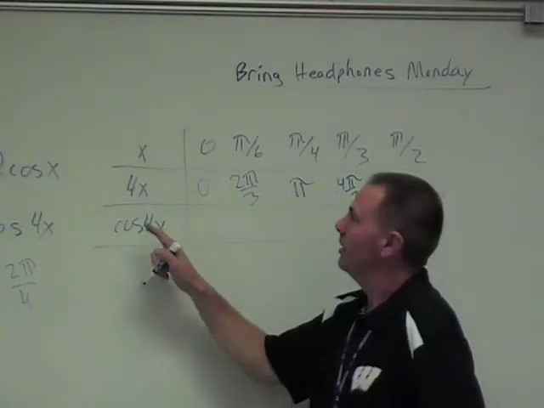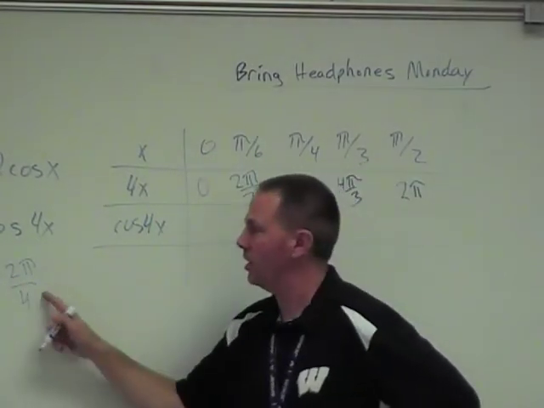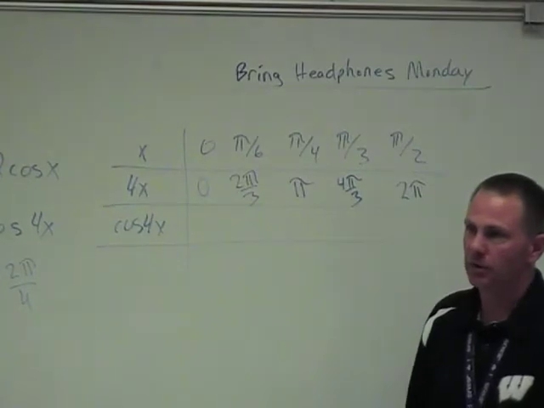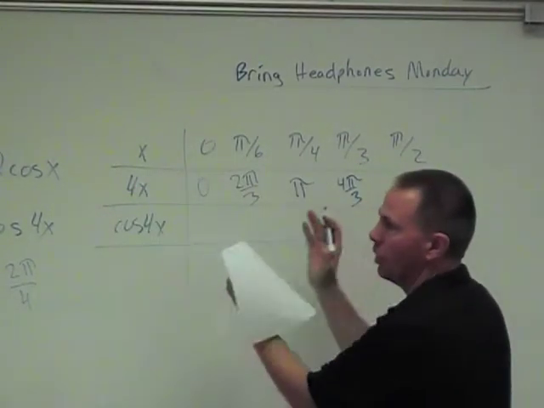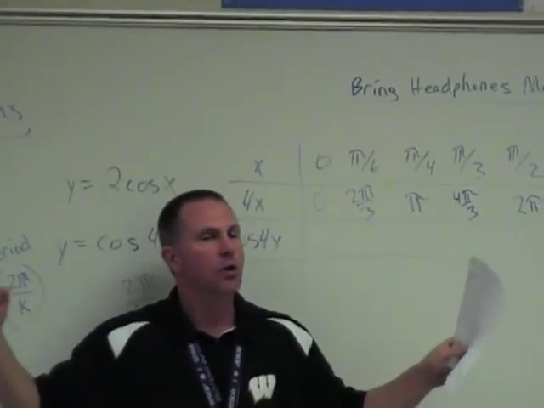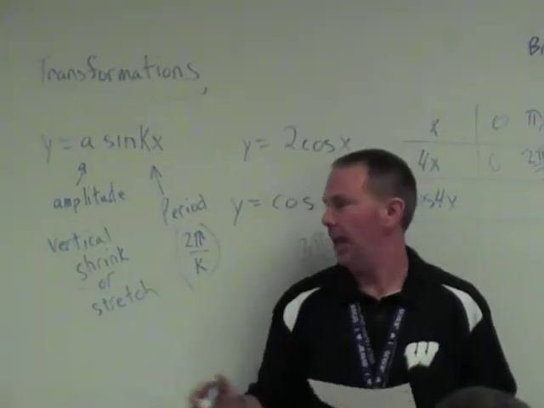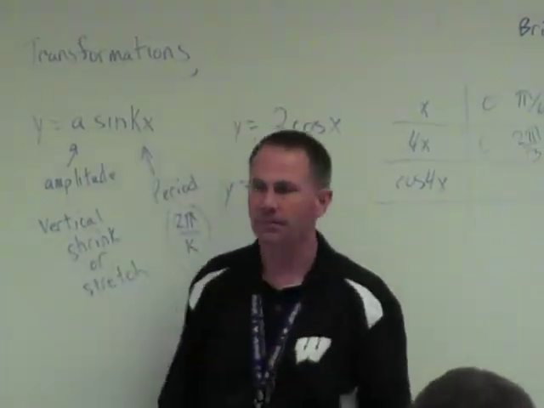Alright. X is still these positions because the period has gone to pi over 2. So we're no longer going to 2 pi. We've crunched this all the way down. So the period is either going to stretch it horizontally or shrink it horizontally. Amplitude stretches vertically, either up or down, okay?